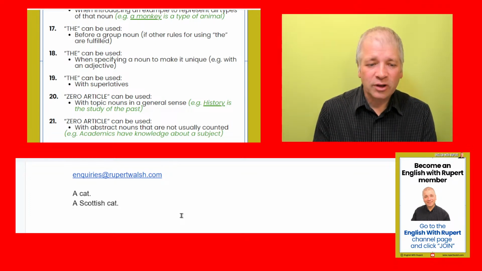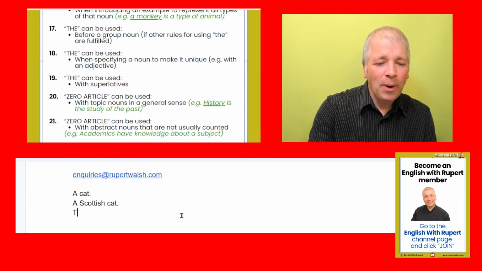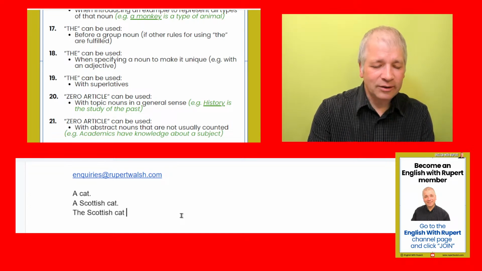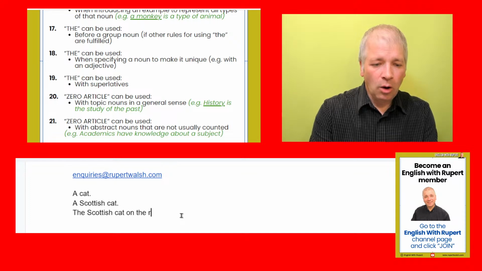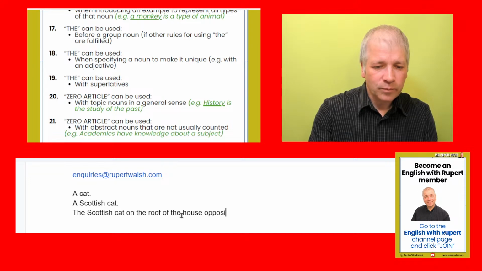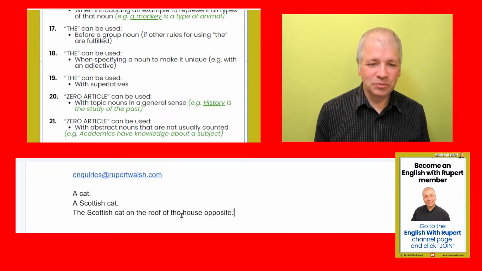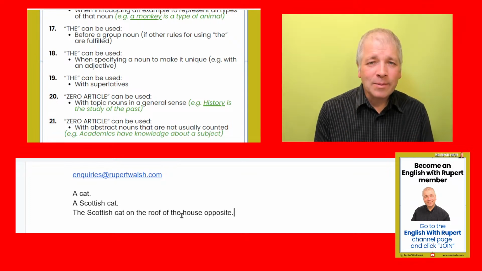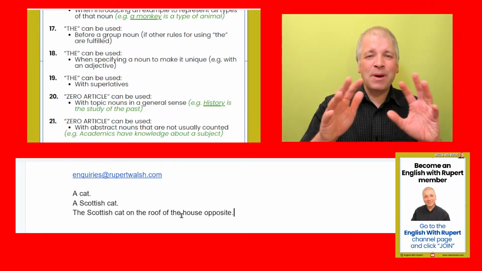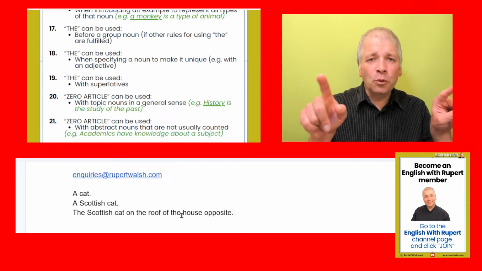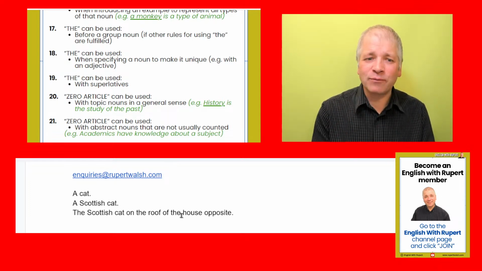So a cat, a Scottish cat, but the Scottish cat on the roof of the house opposite. Now I switch to the. Why? Because I have specified enough so that only one of that noun falls within the area I have described.